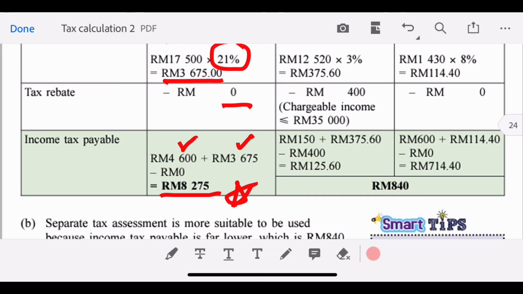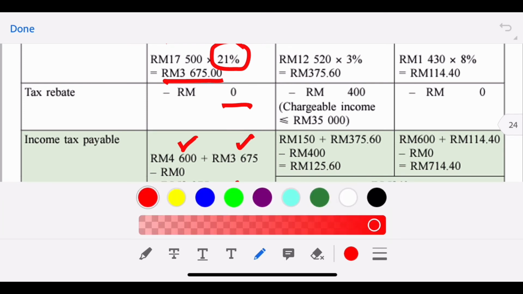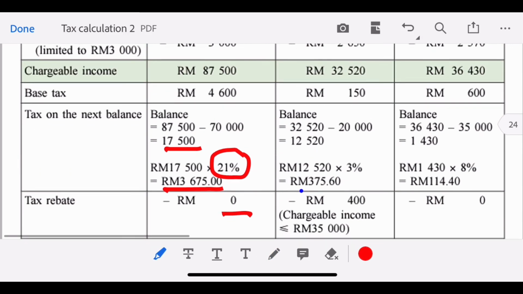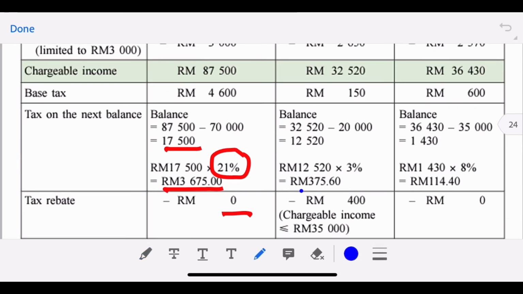If let's say they are doing separate tax assessment, okay, let's see how. For Mr. Rajan, the base tax is 150, and then the balance will be 35,000 chargeable income minus the first 20,000, which is 12,520. So 12,520 times 3% will be 375 ringgit 60 cents.